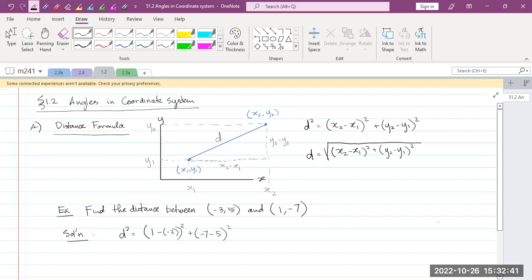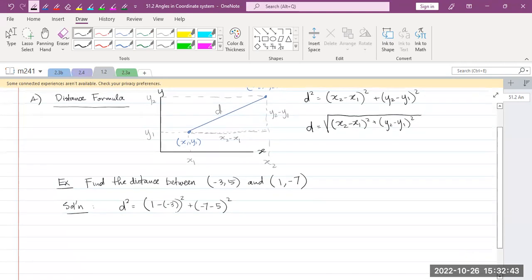I will compute the numbers first, and then after I'm done with the computation, this is 4 squared plus negative 12 squared. This is 16 plus 144. That's 160. That's d squared, right?